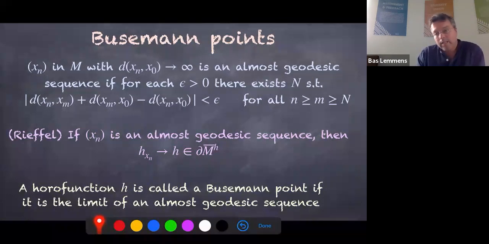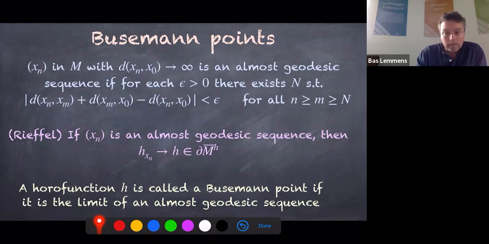Even in finite dimensional normed spaces, there are norms where not all horofunctions are Busemann points, and they are characterized by work of Cormac Walsh, who is in the audience here. Also in the context of Hilbert geometries, it's well understood when all horofunctions are in fact Busemann points, again by work of Cormac.